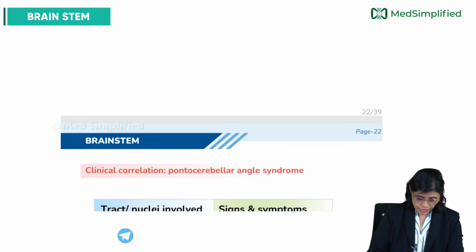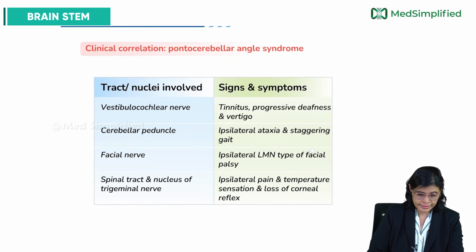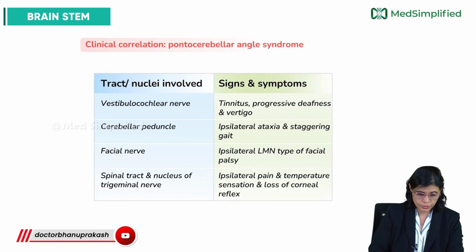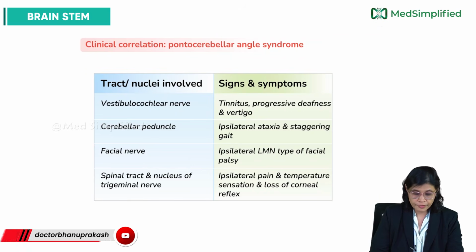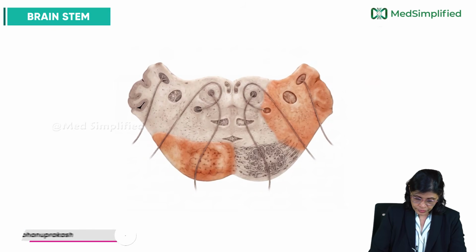The next condition is pontocerebellar angle syndrome. Here the anatomical structures which are located in the pontocerebellar angle mainly include the 7th and 8th cranial nerves. If you can see, this is the facial nerve, so this is the 7th nerve, the 7th and 8th cranial nerves here.